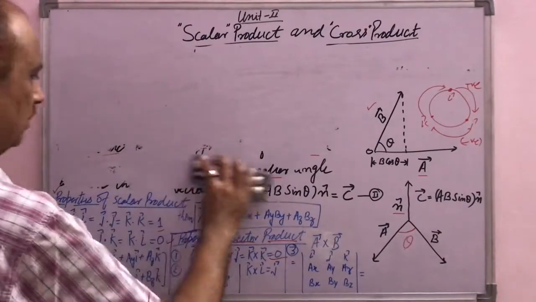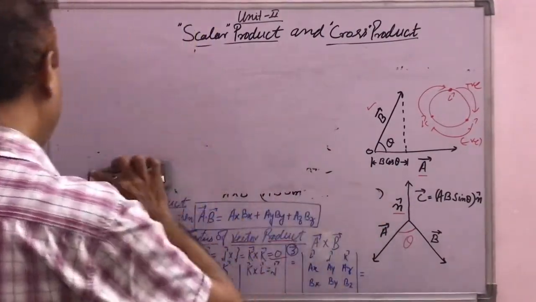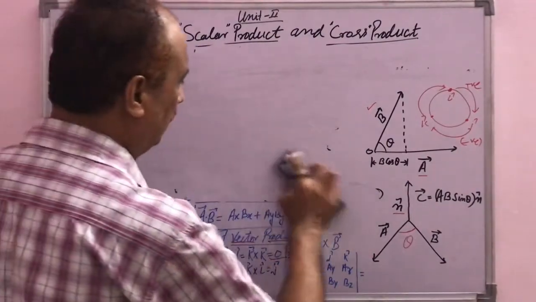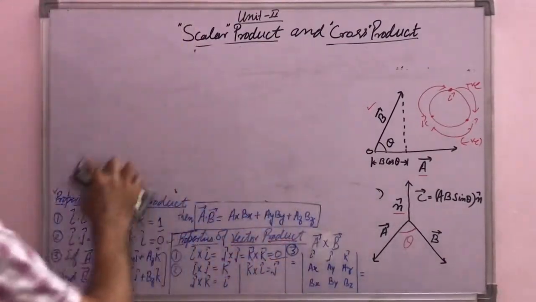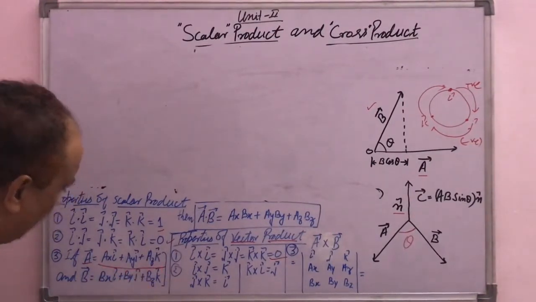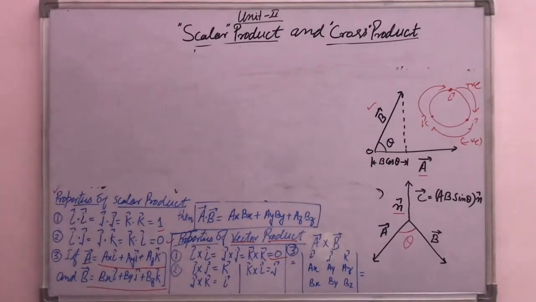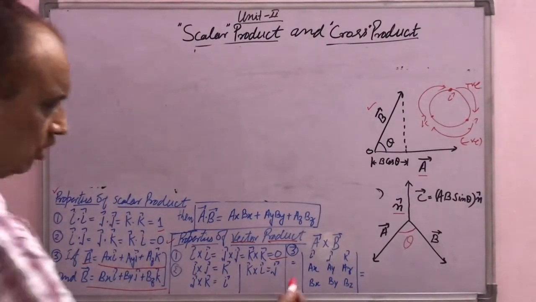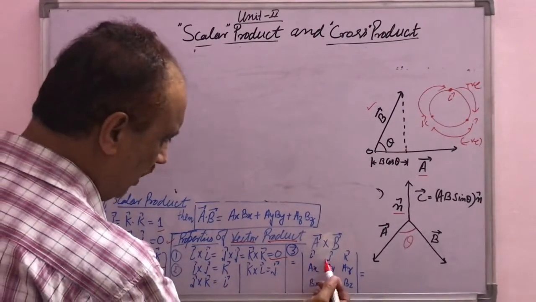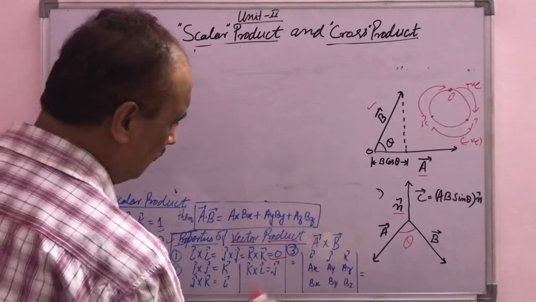Consider the two vectors: vector A equal to AX i plus AY j plus AZ k, and vector B equal to BX i plus BY j plus BZ k. Now first write the matrix: i, j, k; AX, AY, AZ; and BX, BY, BZ.